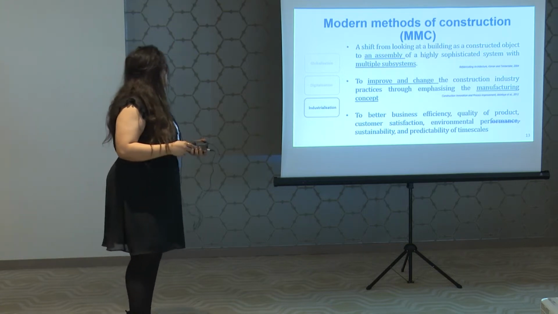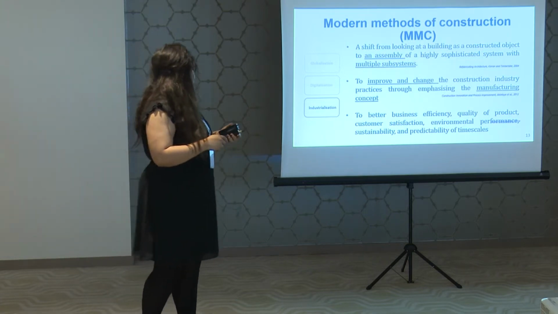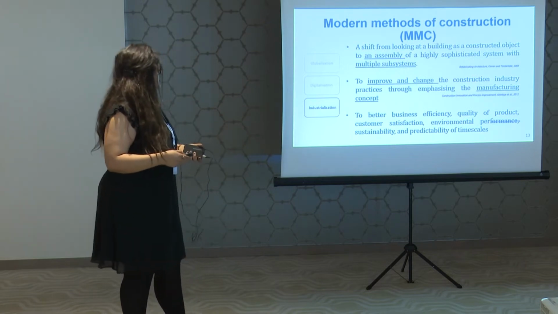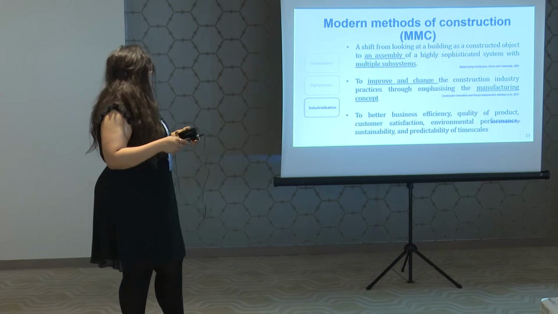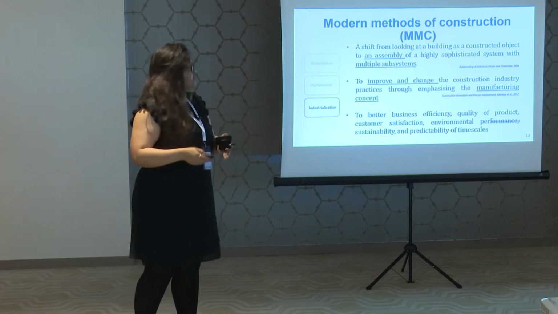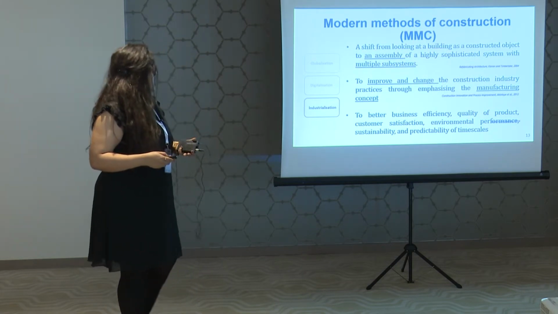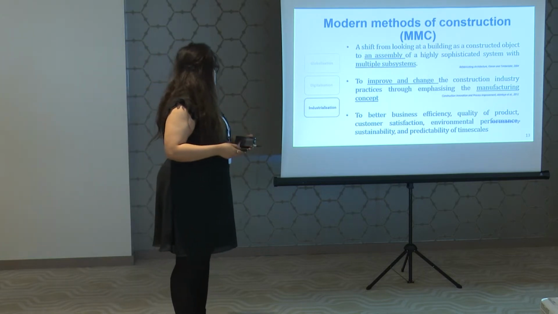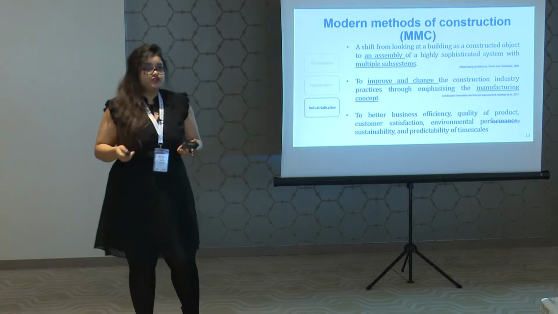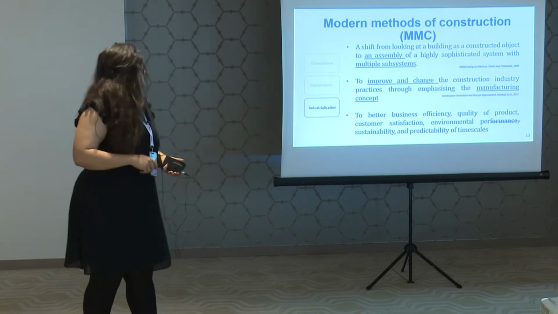They're looking at a building not as a constructed object but as an assembly of highly sophisticated systems with multiple subsystems. They're moving from on-site to off-site, emphasizing the manufacturing concept. And of course, this will improve business efficiency, quality of product, customer satisfaction, etc. Also sustainability.